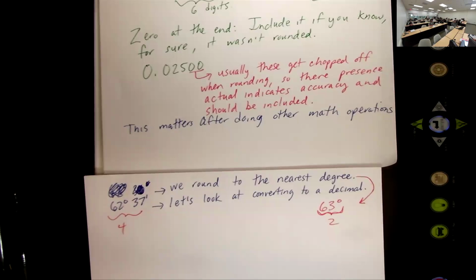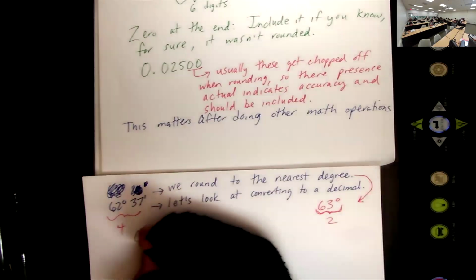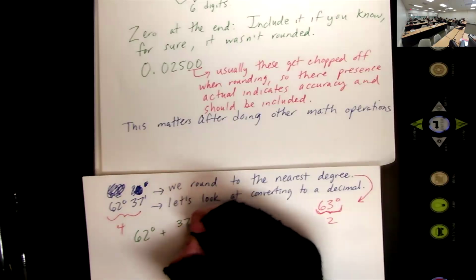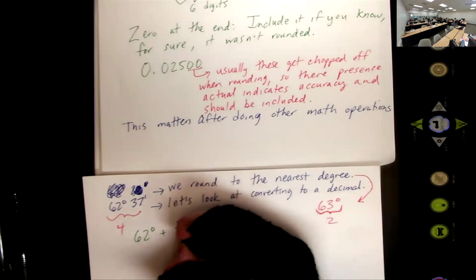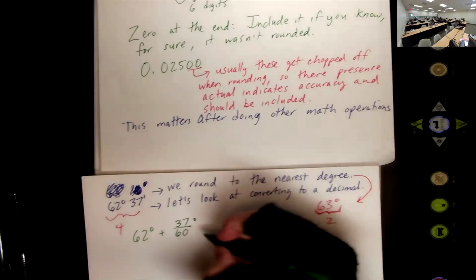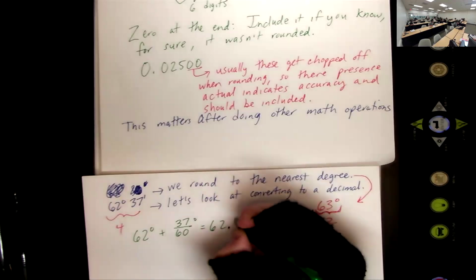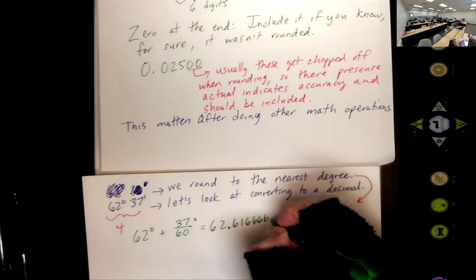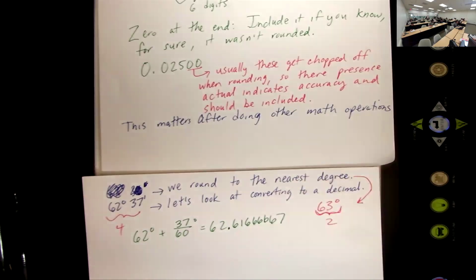What if I wrote it as a decimal? We've got 62 degrees plus 37 over 60 degrees. 62 plus 37 divided by 60. I'm gonna write down everything that my calculator shows. 6, 6, 6, 6, 6, 7, that's what my calculator shows.